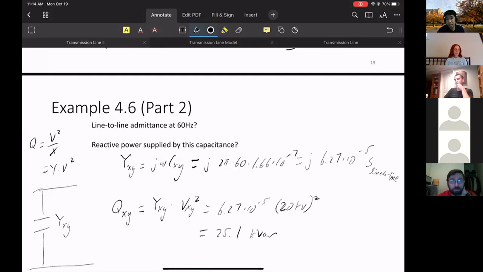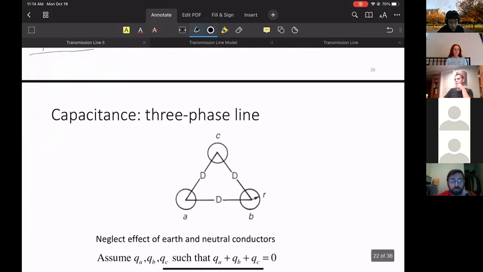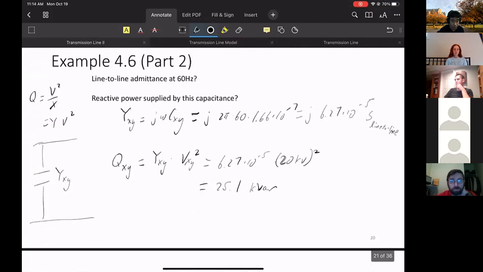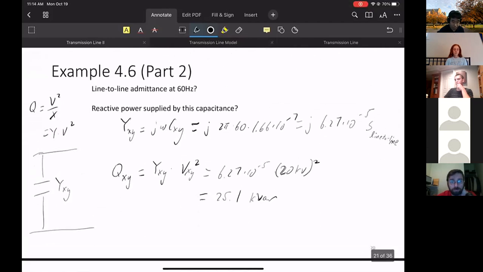So let's see. We want to do three-phase. Actually, no, let's stop here today. We'll do three-phase lines next time. It's the same calculation as before, but requires some accounting of the distances, so it's better to do that carefully to make sure we know when things cancel for three-phase.